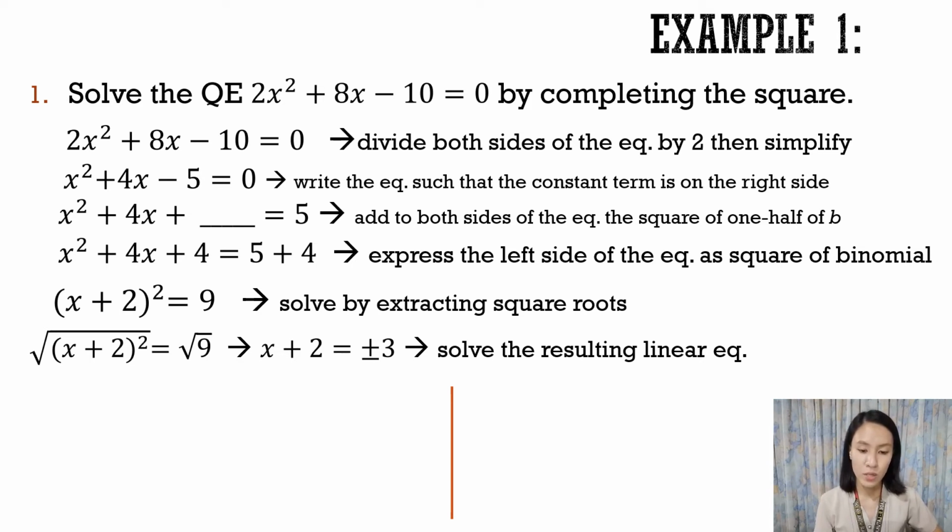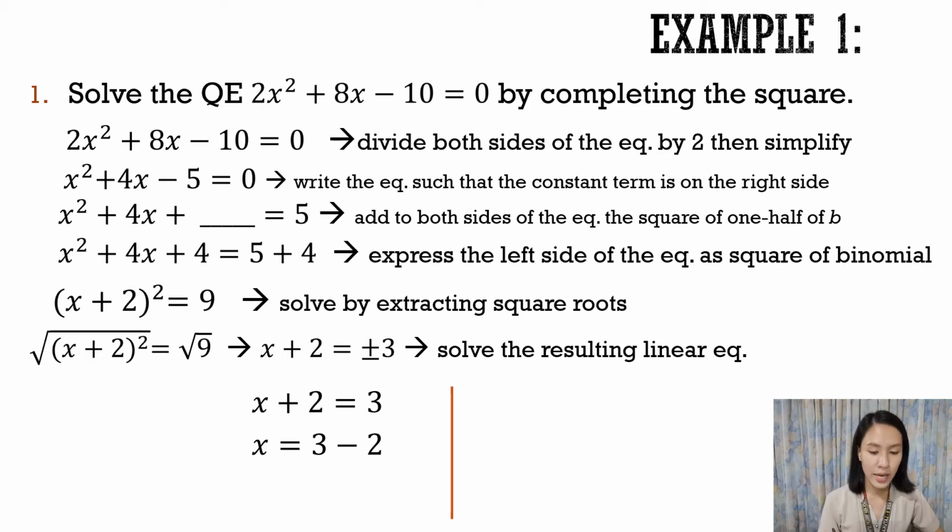The resulting equation will now become x plus 2 is equal to the square root of 9, which is positive or negative 3. First, x plus 2 is equal to 3. The result will now become x is equal to, by addition property of equality, 2 will be transferred to the other side. So 3 minus 2, the result will become x is equal to 1.